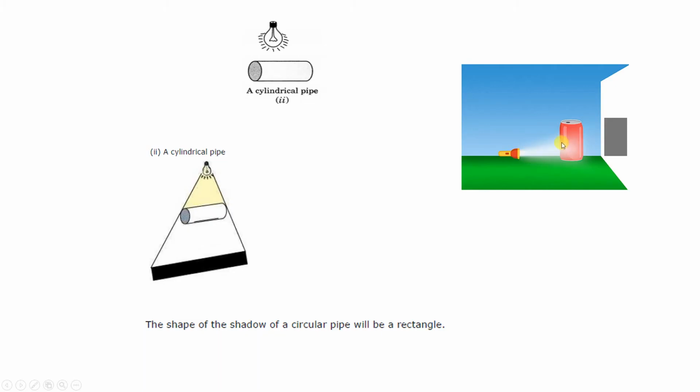Now when we use a torch in a different way and radiate the light of the torch on the can, which is one kind of cylinder, its shadow we can see is also a rectangle. So for any kind of cylindrical pipe, when the bulb is radiating its light on a cylinder, we get the shadow of a rectangle. So the shape of the shadow of a circular pipe will be a rectangle.